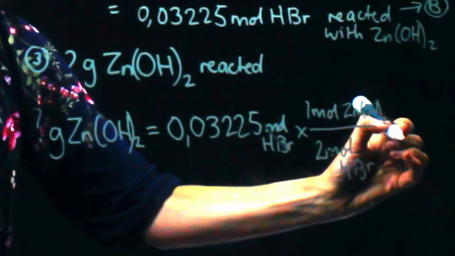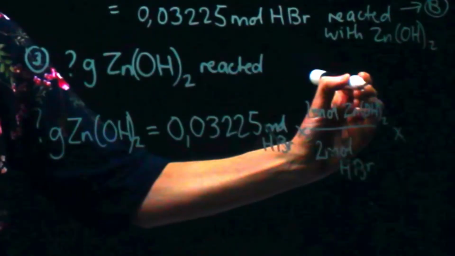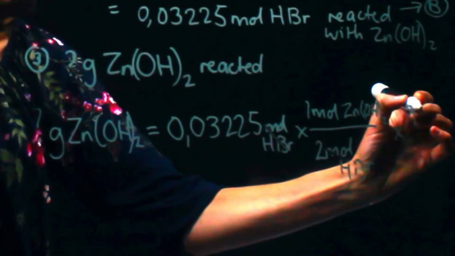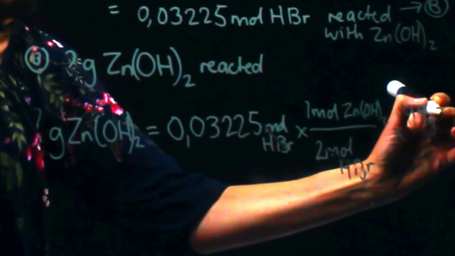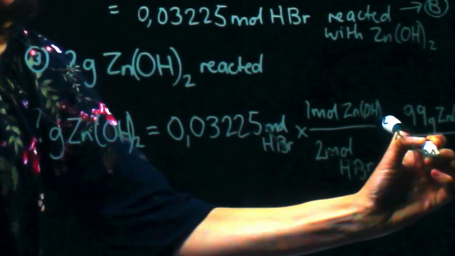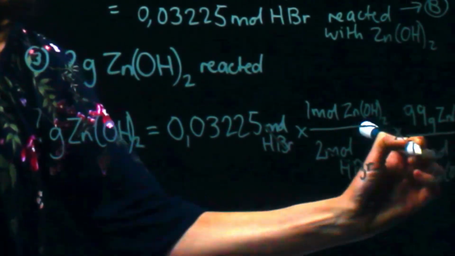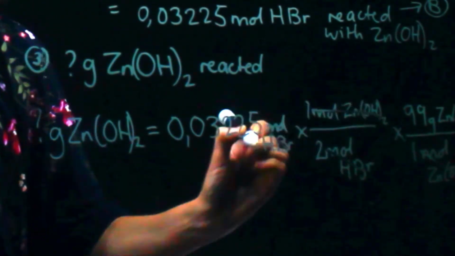So we need to go to the periodic table and look up zinc hydroxide's molar mass, and we find that it is 99 grams per mole, which means that 99 grams of zinc hydroxide is equivalent to 1 mole of zinc hydroxide. Moles zinc hydroxide cancel.